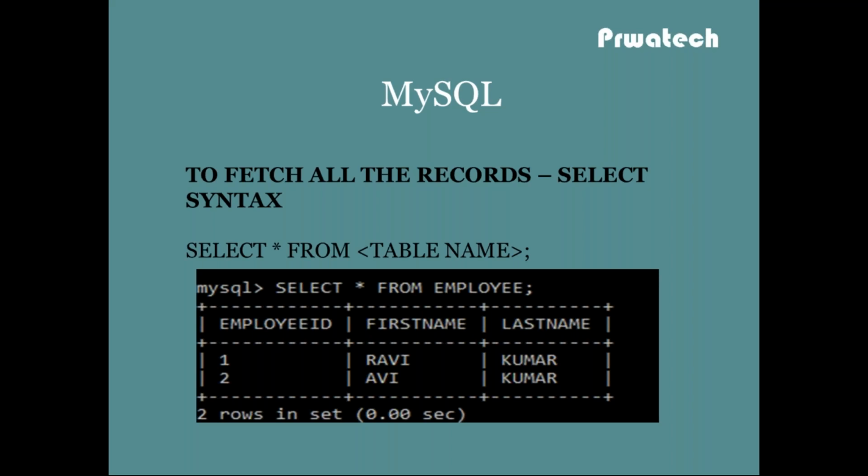As the screenshot shows, we have written select star from employee, which is the name of the table we have created and inserted records into, followed by a semicolon, and then we hit enter. So here it shows employee ID 1, first name Ravi, last name Kumar, followed by employee ID 2, first name Avi, and last name Kumar.